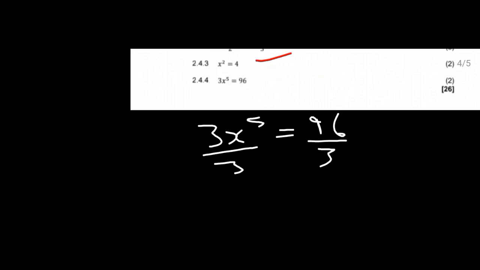And then now 2.4.4: 3x to the exponent of 5 is equal to 96. So we see there's an exponent, so we introduce a root. But first, when you have the coefficient 3, we're going to divide both sides by 3. So x to the exponent of 5 equals 96 divided by 3, and then it will be 32.